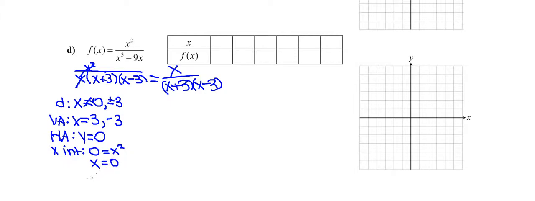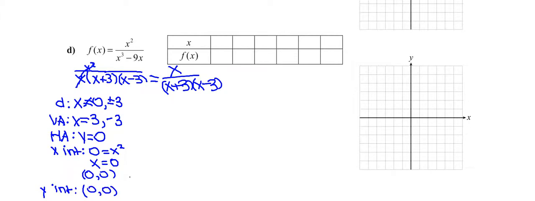So that point is 0, 0. Y-intercept, we have to set all of the x's to 0. So once we do that, this is going to be 0 over 0 plus 3 times 0 minus 3. That's also going to be the point 0, 0.